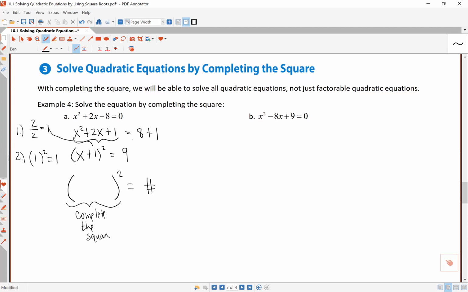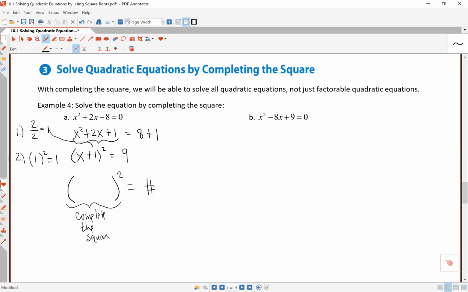Now we use the square root property to undo that perfect square that we made. So we have x plus 1 squared equals 9.